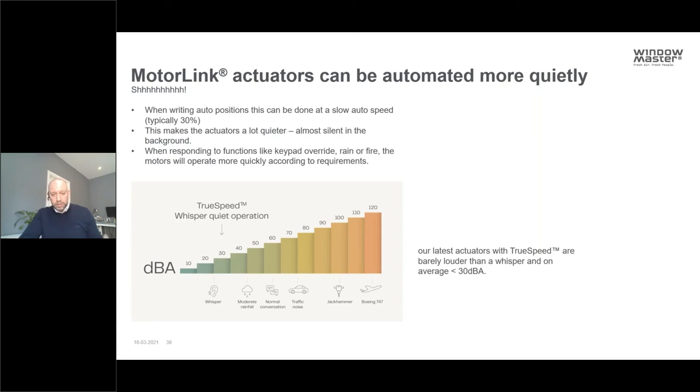Similarly, if you go to a keypad and press it to override the windows, you don't want to be stood there trying to work out, are the windows actually opening? I can't hear them, they don't seem to be moving very fast. So we can operate them much more quickly to react to the user input. But certainly our latest actuators are really super quiet. Our true speed actuators, less than 30 dB typically.